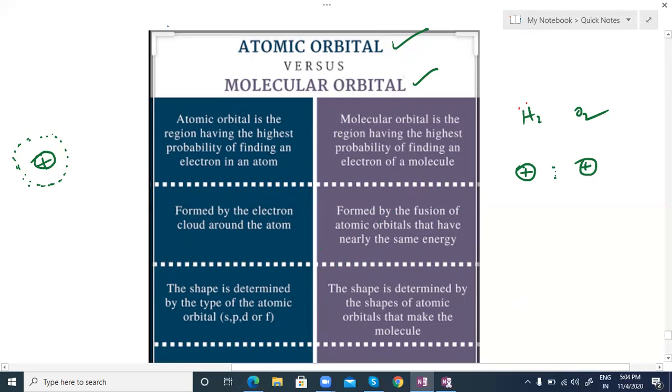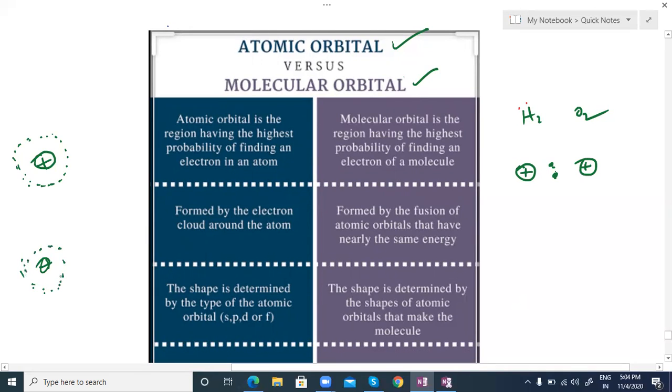You can find different differences they have given. Atomic orbitals are formed by the electron cloud around the atom, while molecular orbitals are formed by the fusion of atomic orbitals that have nearly the same energy. The shape of atomic orbitals is determined by the type of orbital, s, p, d, f. The probability of finding an electron in a spherical shape is what we call an s orbital.